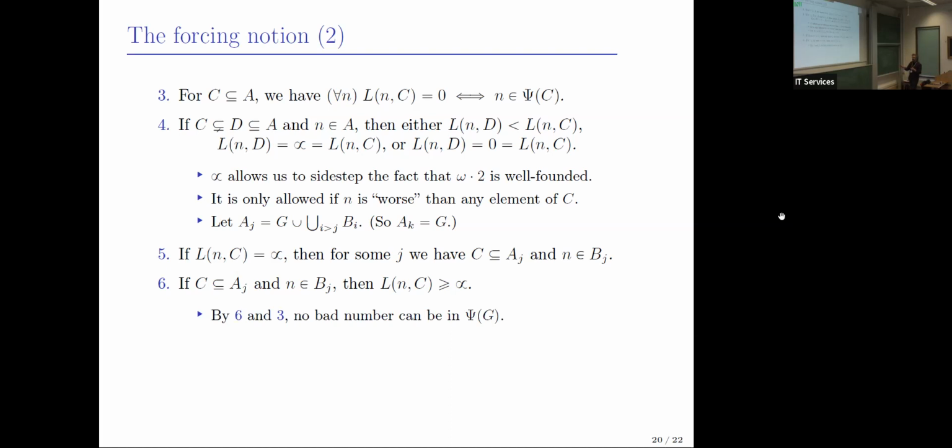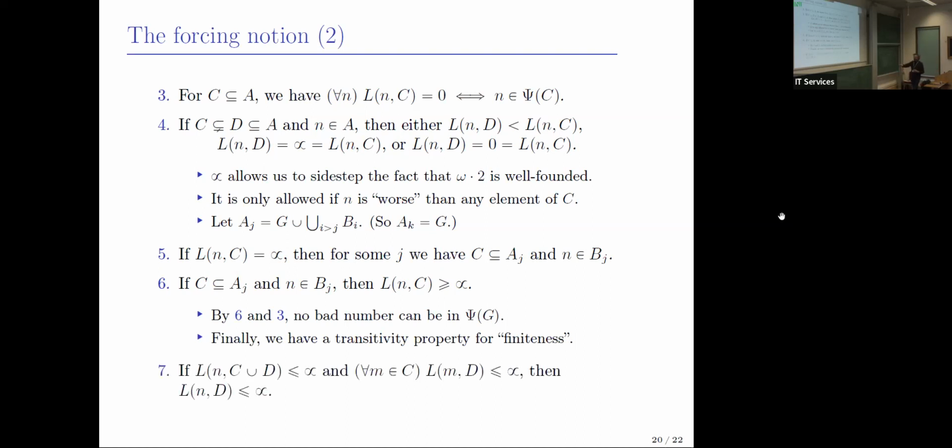No bad number can be in psi of C. And there's one more property, a transitivity property, which says that if C union D labels N finitely, and every element of C is labeled by D finitely, then D labels N finitely.